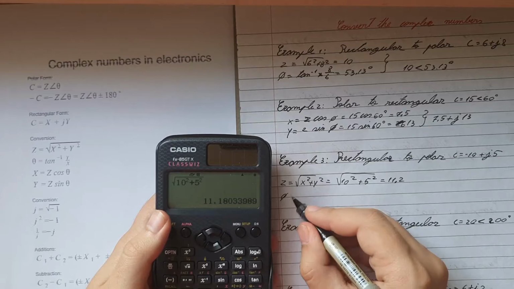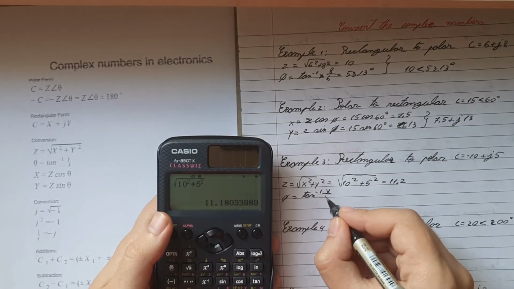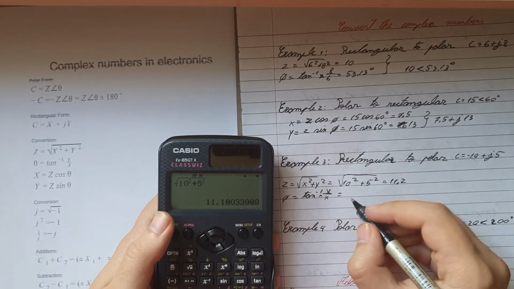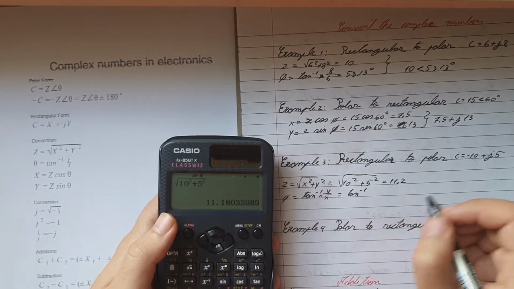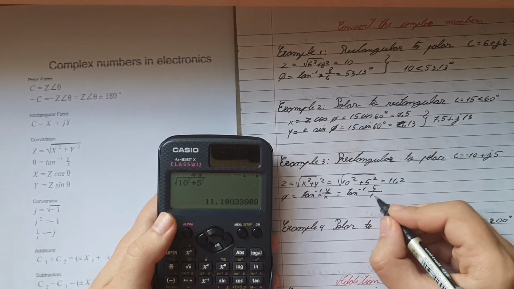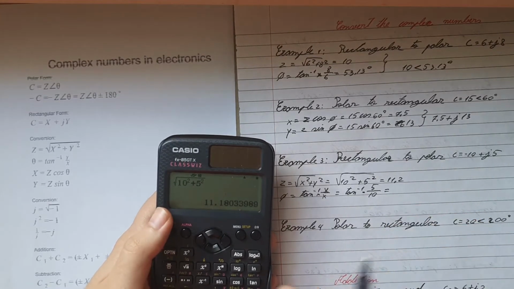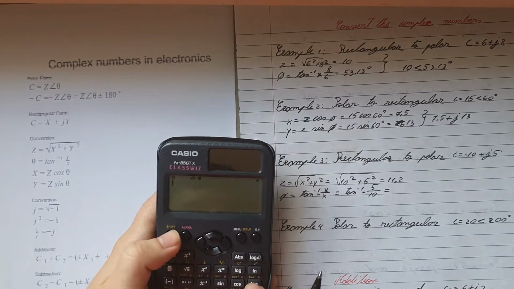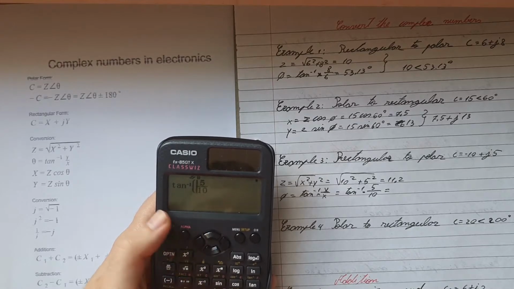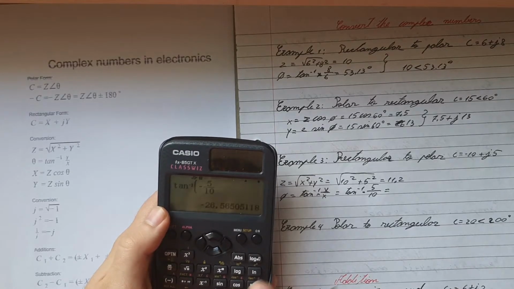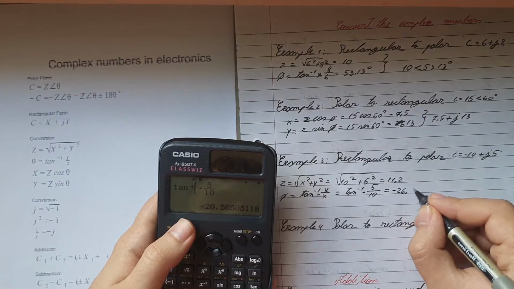And then the angle is equal to tan to the minus 1 of y over x, so tan to the minus 1 of y, which is 5, over 10, and remember to put the minus in front of it because this 10 is a negative value. So that will be 5 over 10, let's put the minus here so we don't forget about it, and that will be minus 26.6, so minus 26.6 for the angle.